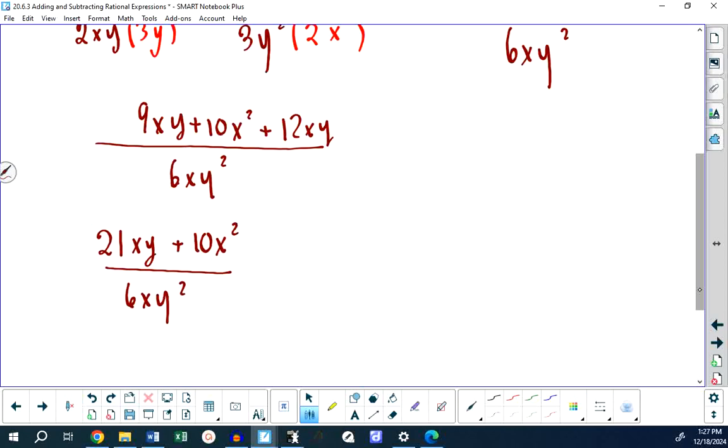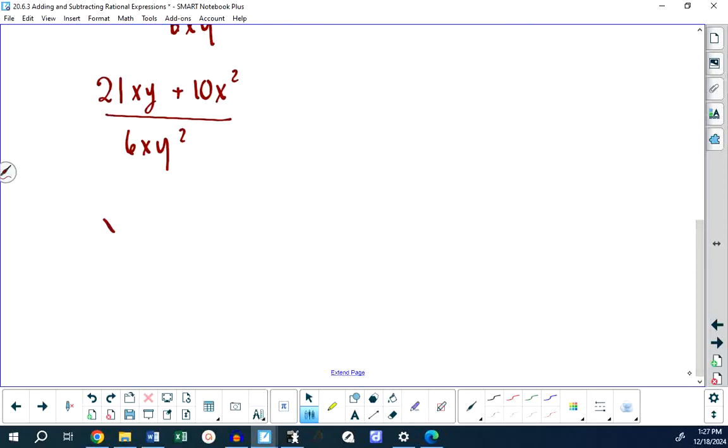Can I factor anything out of the top? I can factor an x out of the top. And I should, because I see there's a factor of x in the bottom. Just one final note before we go on.